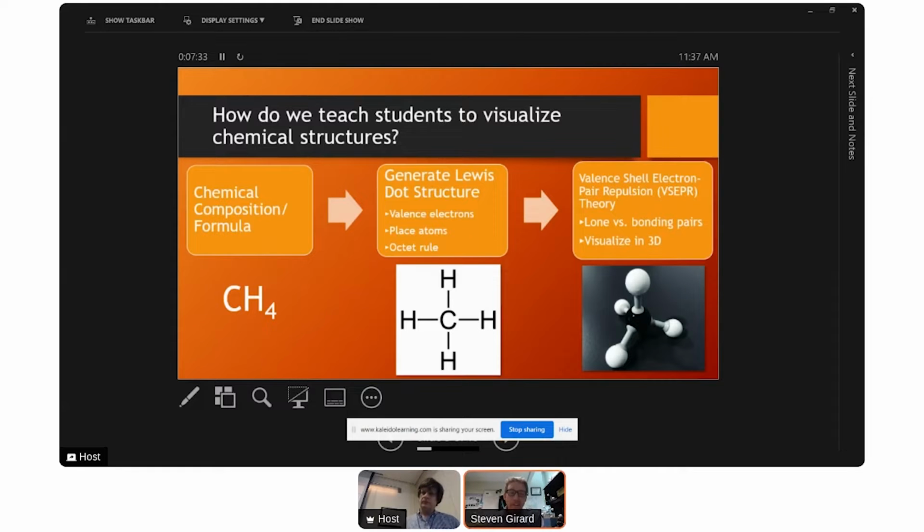It does not look like a square planar set of atoms. So what we find largely is that when students are trying to go from a two-dimensional representation on a piece of paper or on a screen into a three-dimensional representation that would actually be taking up real space, that's where the learning actually breaks down for many of these students. So next slide, please.